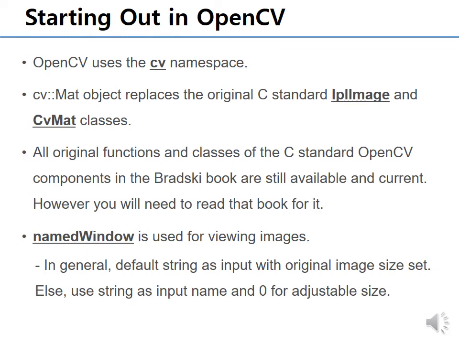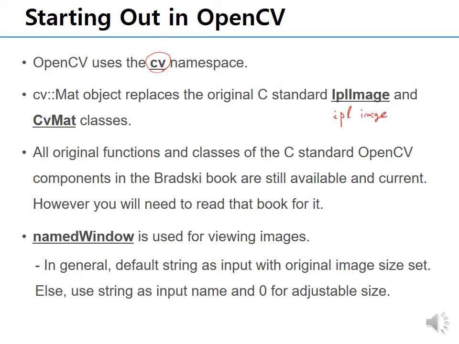As we can see in the previous Hello World example code, OpenCV used the cv namespace, and the cv::Mat object replaces the original C standard IplImage. I think this is image processing library image.